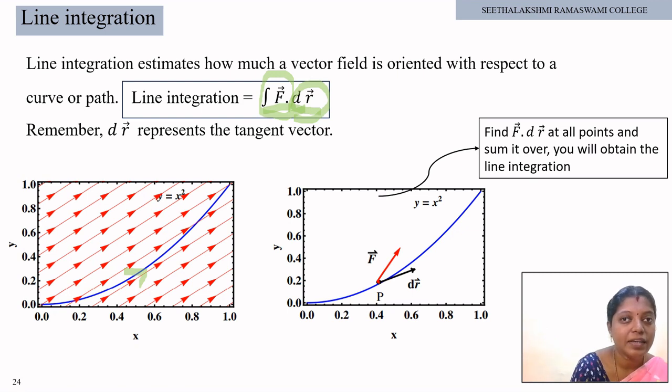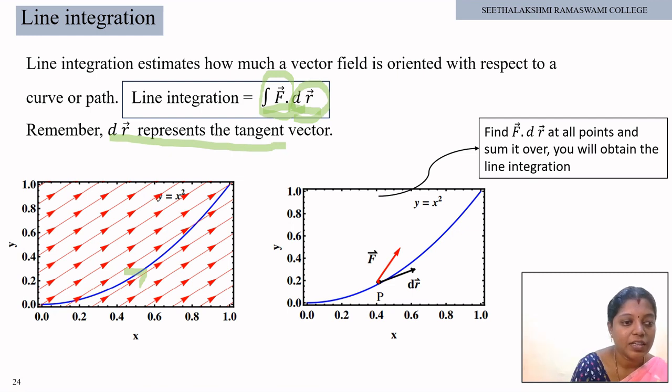That will be done by the tangent vector. As you all know, the tangent vector is nothing but the closest approximation of the curve using a line. So the tangent line is a line which approximates the curve closely.